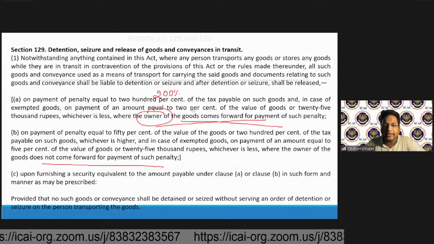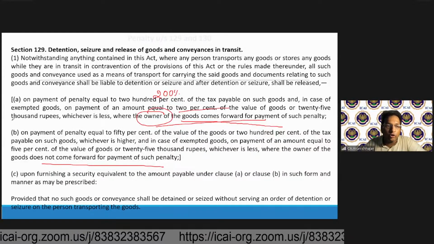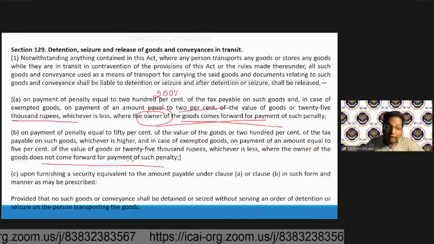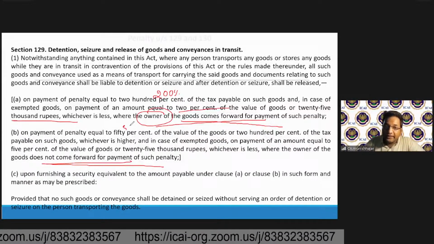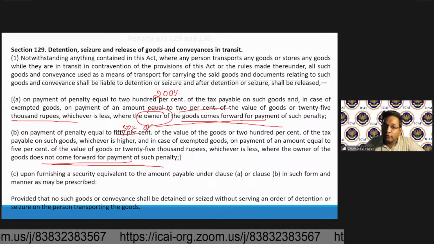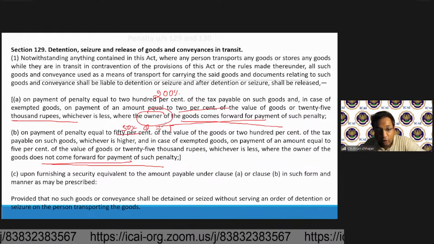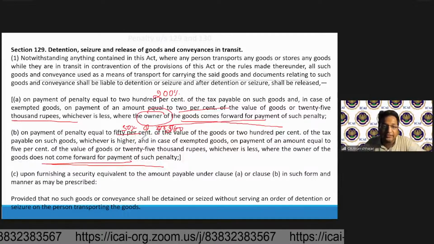If the goods are exempted, then 2% of the value or 25,000, whichever is lower. If the owner does not come forward, then the penalty would be 50% of the value or 200% of the tax, whichever is higher.